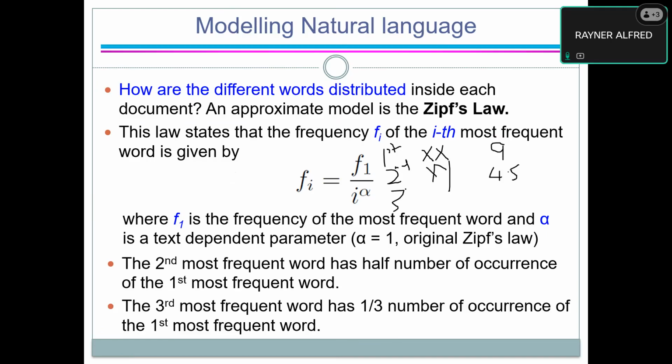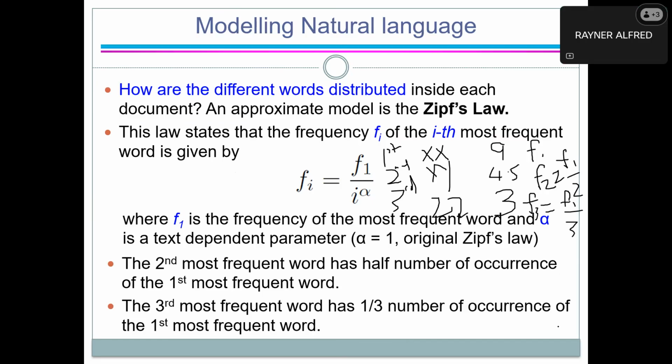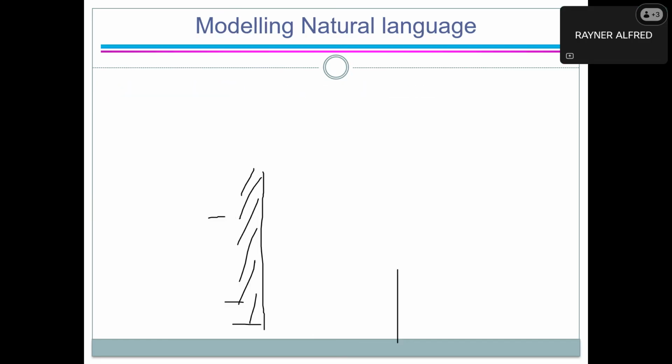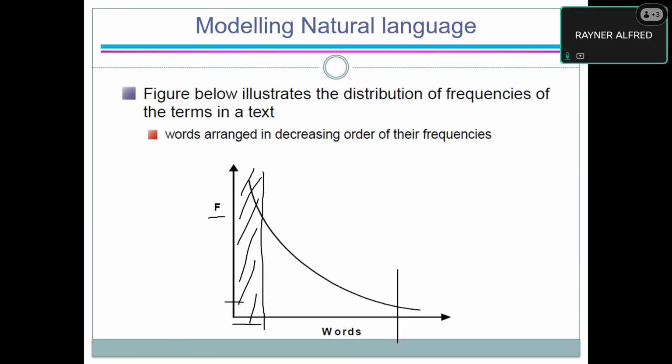And the third one, Z, should be 3. Because this is the first one, the second one is equivalent to F1 divided by 2, so 9 divided by 2. Then the third one is F1 divided by 3. So that's how we get this graph.